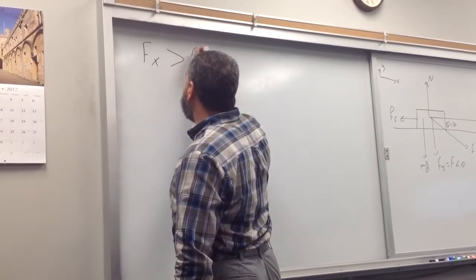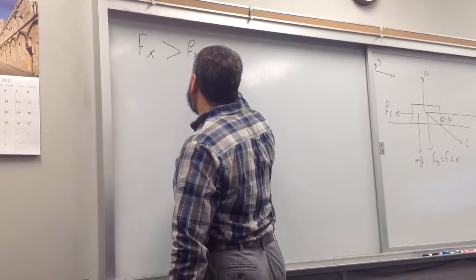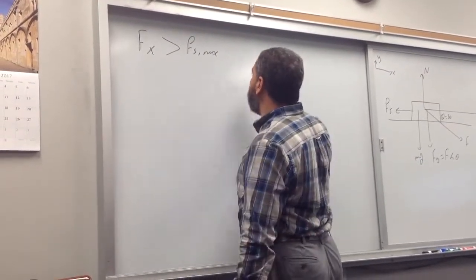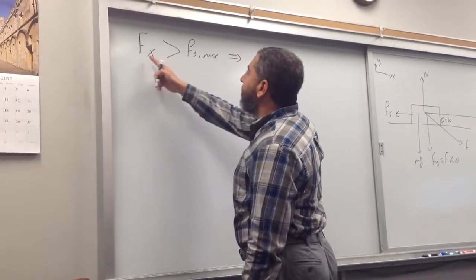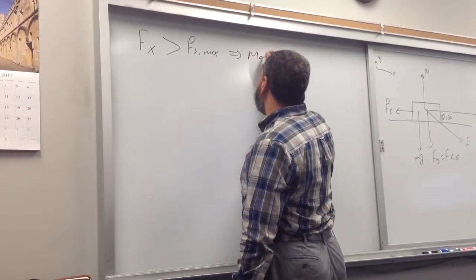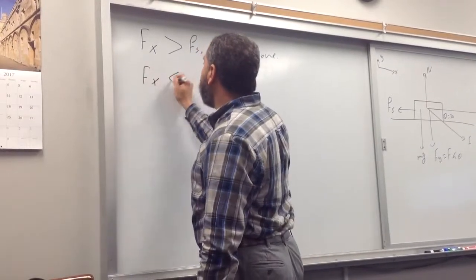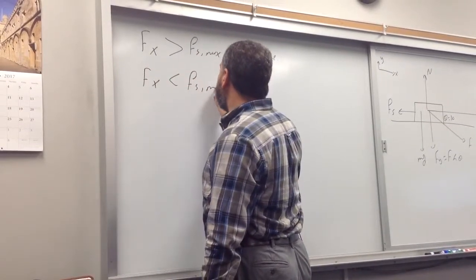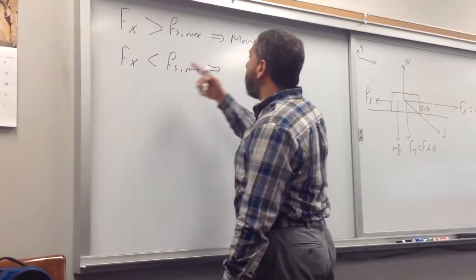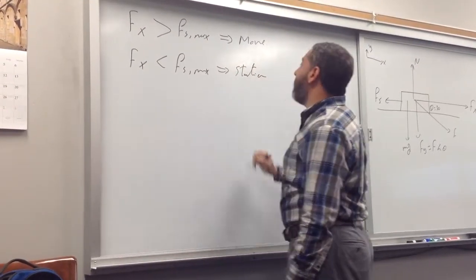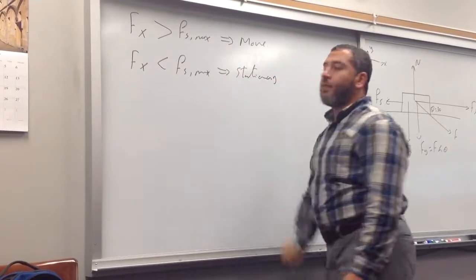So the question turns out to be like this. If Fx is greater than the maximum static frictional force, that means the object in this case is going to move. But if we have Fx less than the maximum, that means the object stays in its place. Okay?